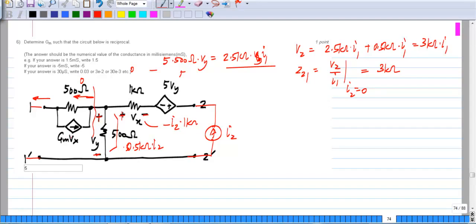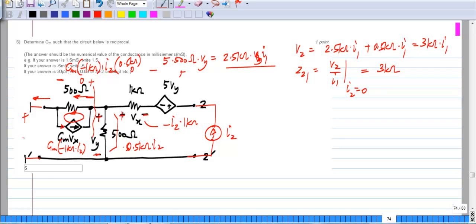So this Gm times Vx is Gm times minus 1 kilo ohm times I2. So the voltage drop in this direction, because this current is simply flowing through that, is Gm times minus 1 kilo ohm times I2 times 500 ohms, or half a kilo ohm.